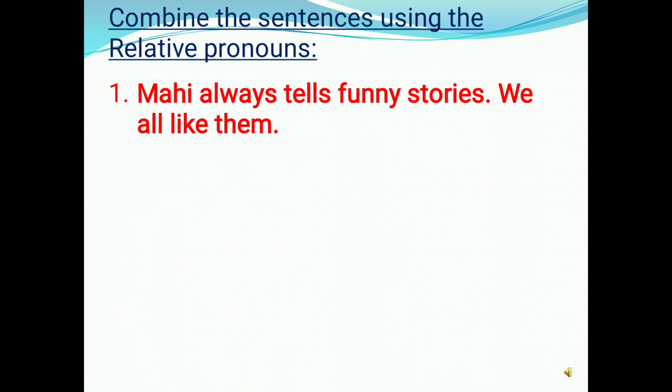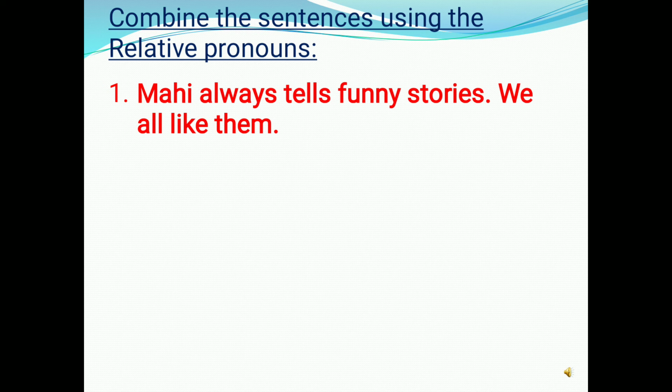Now combine the sentences using the relative pronouns. One example is given. Mahi always tells funny stories. We all like them. Here there are two sentences. The first step is to identify the nouns in the two sentences. In the first sentence, Mahi tells funny stories, and in the second sentence, we all like them.